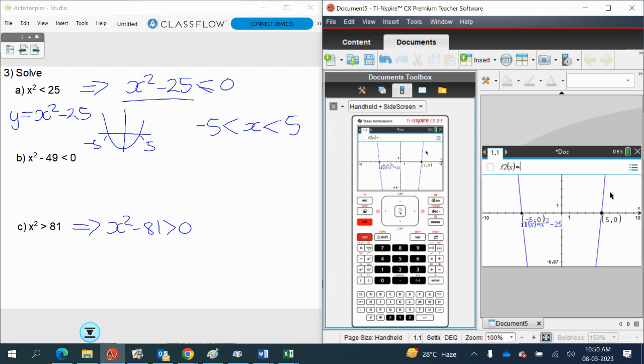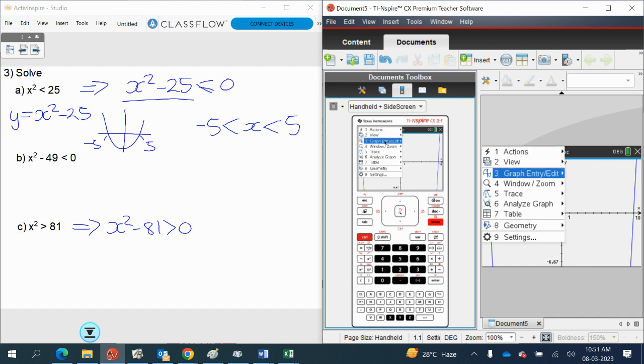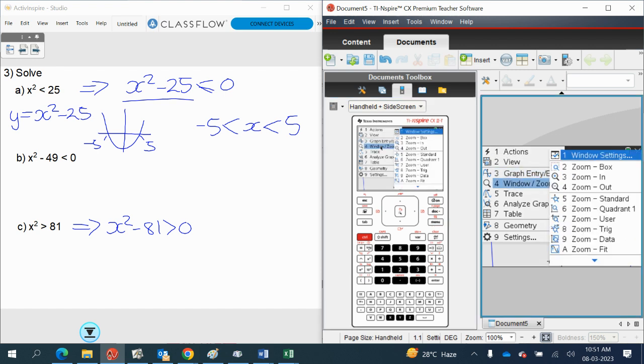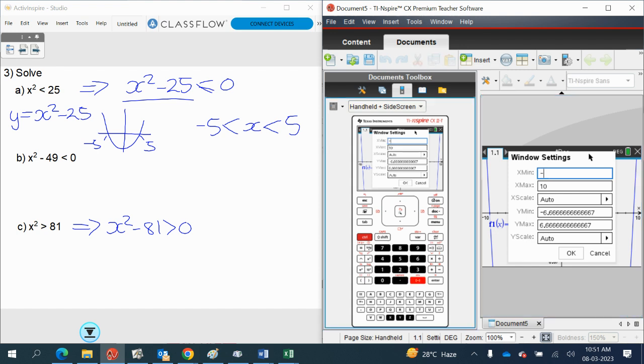So if we graph this one now on our calculator, just change the zoom a bit. Zoom. Change the window settings, minus 12, 12. Let's go to minus 90.